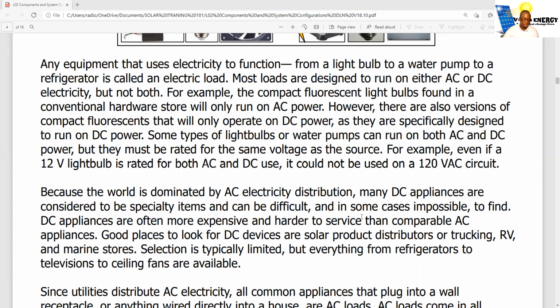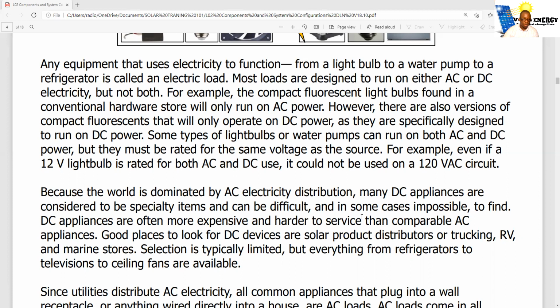However, there are also versions of compact fluorescents that will only operate on DC power, as they are specifically designed to run on DC power. Some types of light bulbs or water pumps can run on both AC and DC power, but not at the same time. There are other devices that run on both.